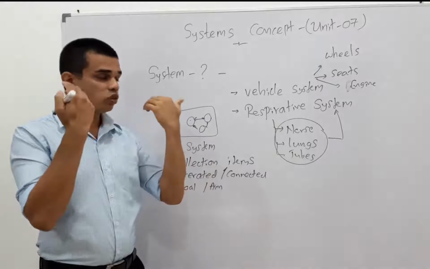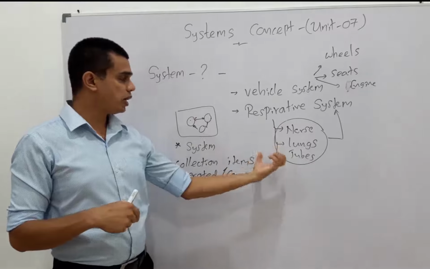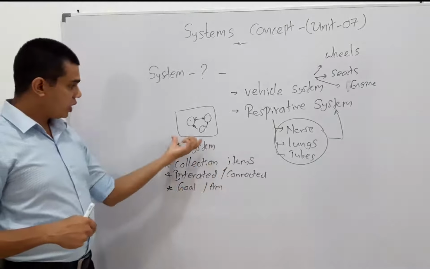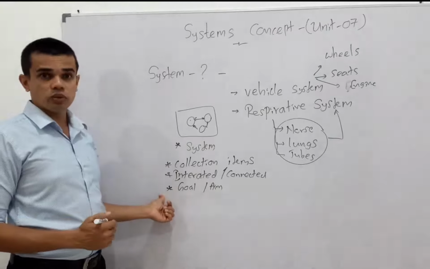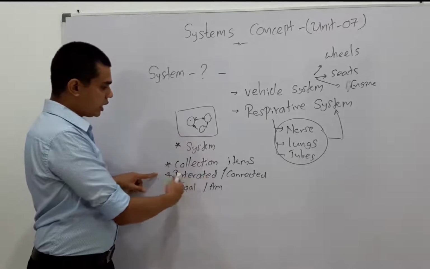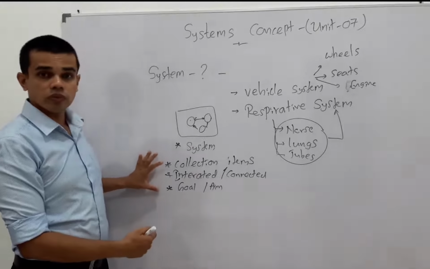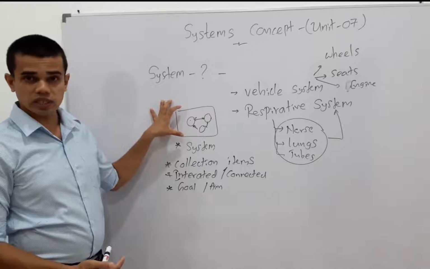We inhale normal air and bring that oxygen into our blood; that is the process of the respiratory system. So for any system, these are the three keywords we need to mention: a collection of items, interacted or connected, and they have a goal.